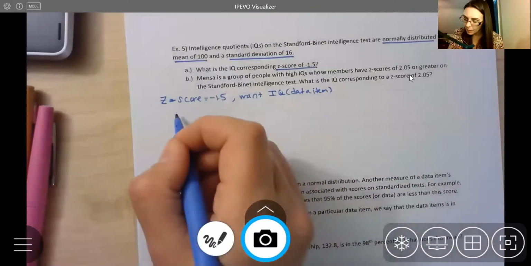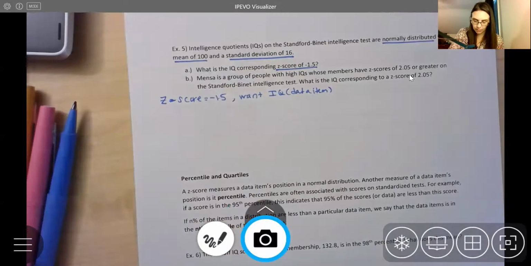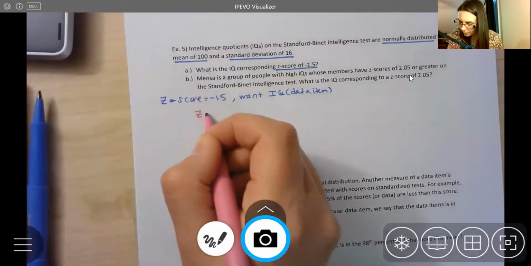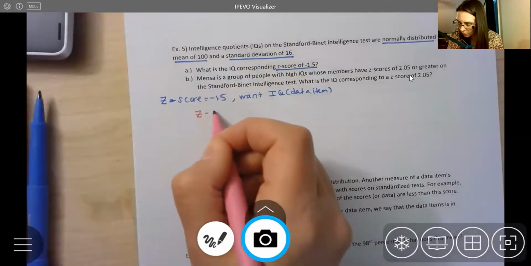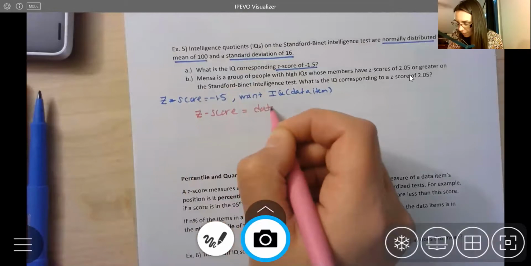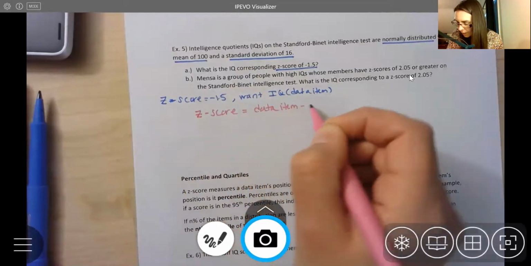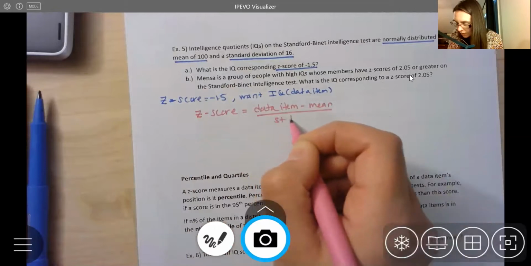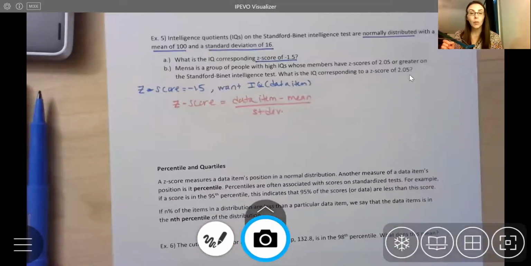Well, let's think about our formula. Your z-score was equal to your data item minus the mean over the standard deviation. So what I can do here is solve and rearrange this equation so that the data item is solved for.